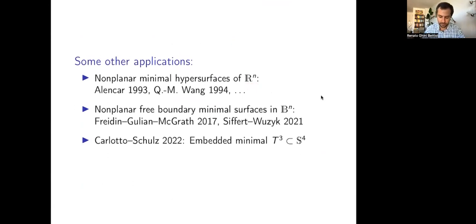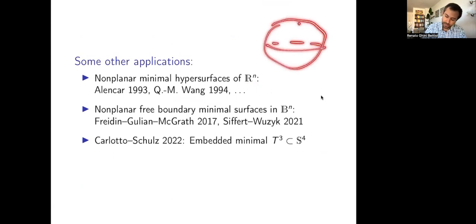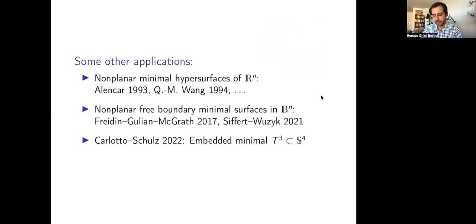They skip some part of space. Some of them actually meet the unit sphere orthogonally and produce minimal free boundary surfaces in the unit ball. So there's some work on that by Freidin, Gulliver, McGrath in 2017 and Schulz last year.